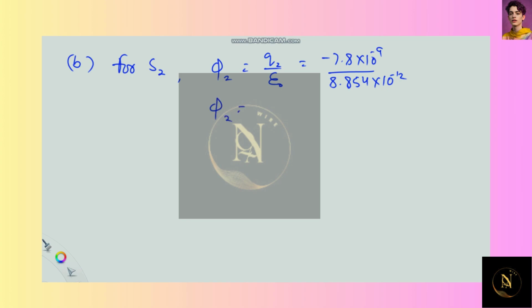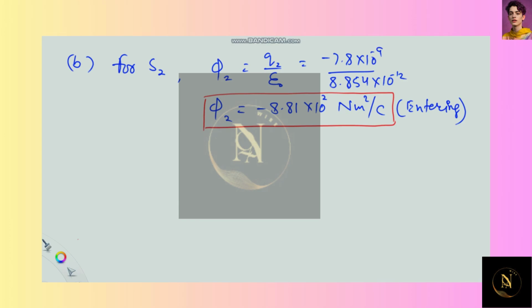So phi 2 is calculated to be minus 8.81 into 10 raised to the power 2 Newton meter square per coulomb, and the negative sign shows that the flux is entering into the closed surface. Answer for the second part of this given problem.